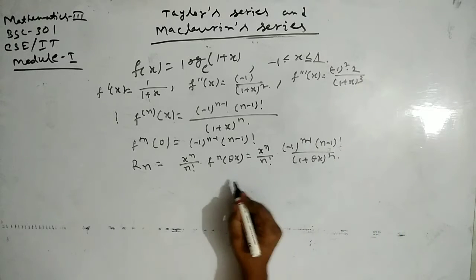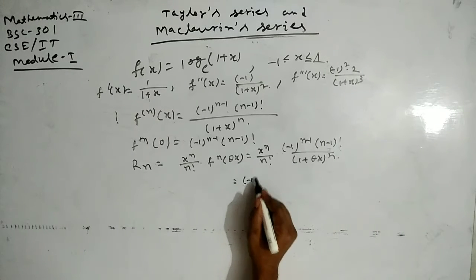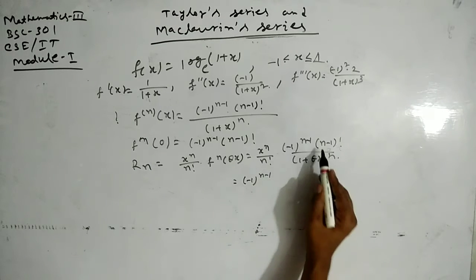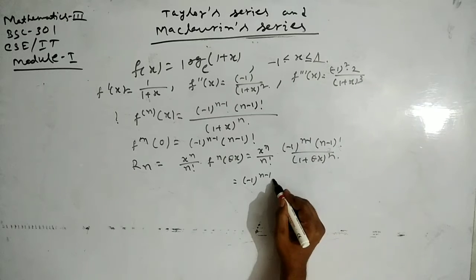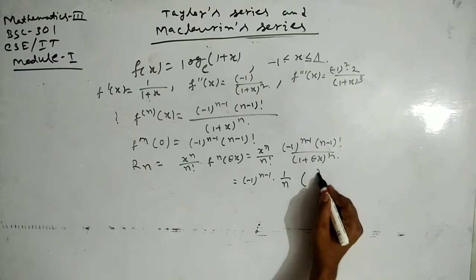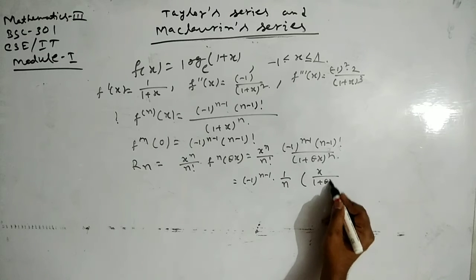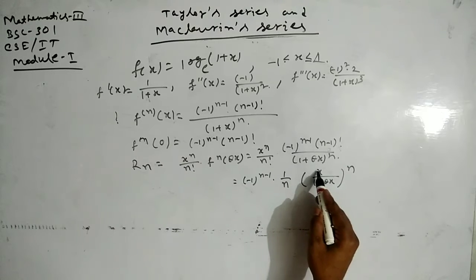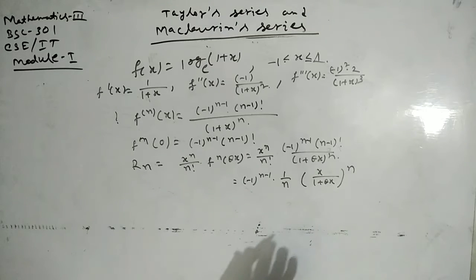It can be written as (-1) to the power n minus 1, and n factorial and n minus 1 factorial cancel out, leaving 1 by n, times (x by 1 plus theta x) whole to the power n.